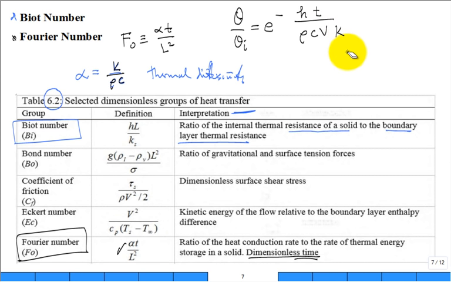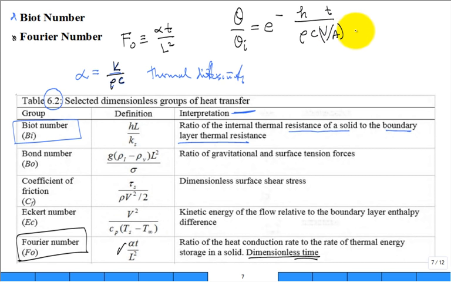Rho, c, V, h, t. I needed the area. The area. There you go. And then this is the time. Well, do this. Put that area down here. And what do we call the volume to area ratio? It's like a characteristic length, for a slab, half thickness.